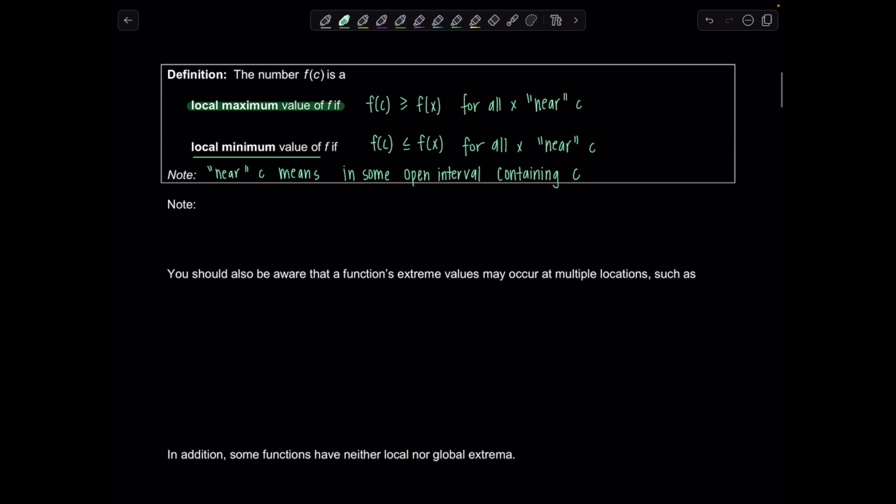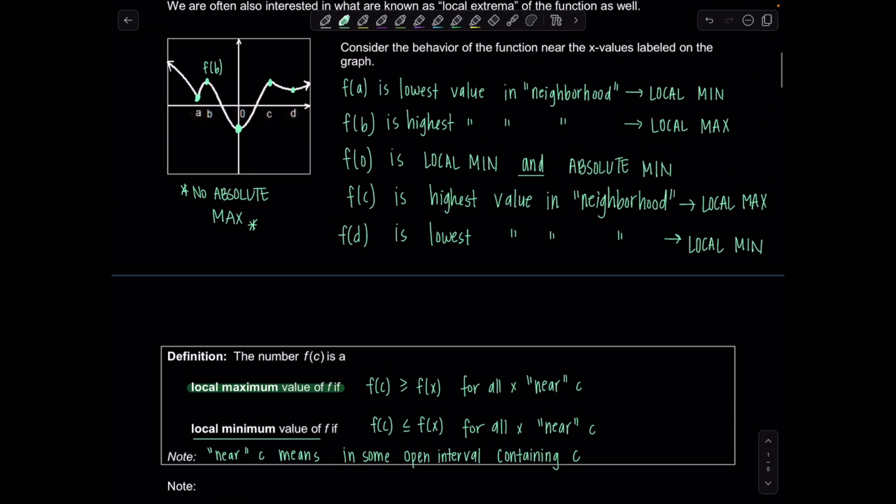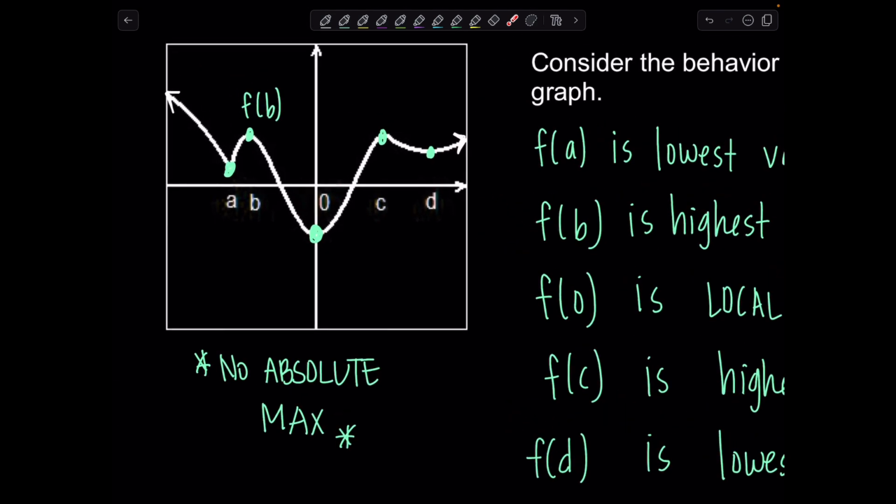So notice here, all of these local extrema, the local min, the local max, the local max, the local min, had points on the graph to their left and right. That's what we mean by there's some open interval containing them. Look, here's a local max. There are points to the left, points to the right. There's an open interval or a neighborhood containing this point.